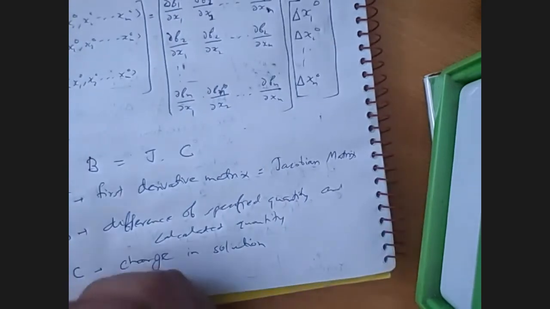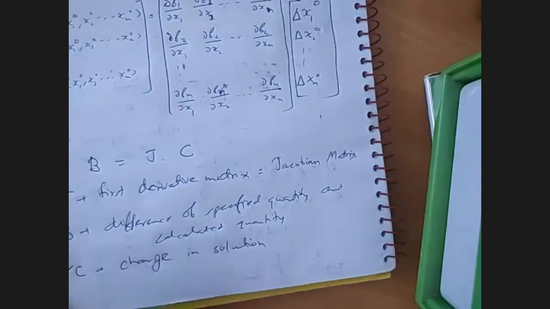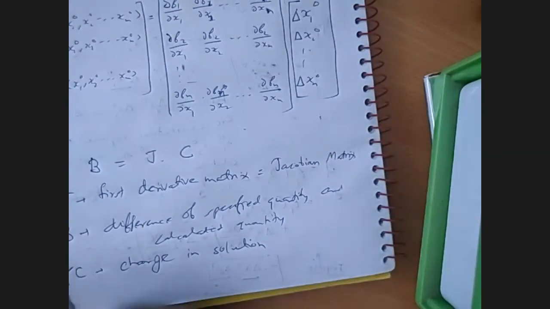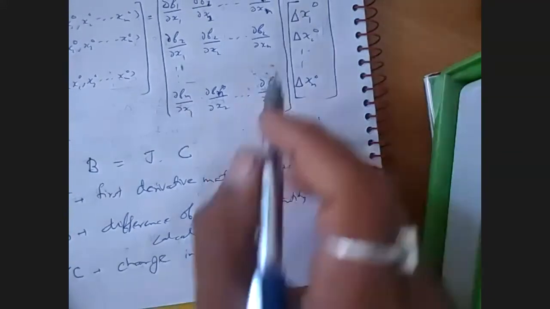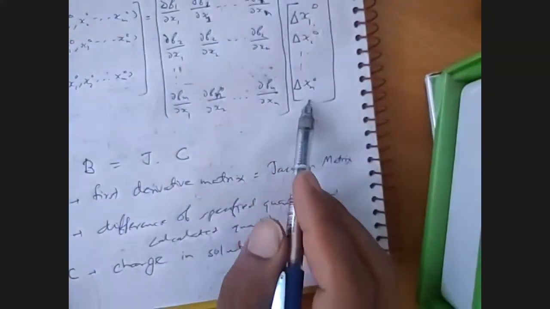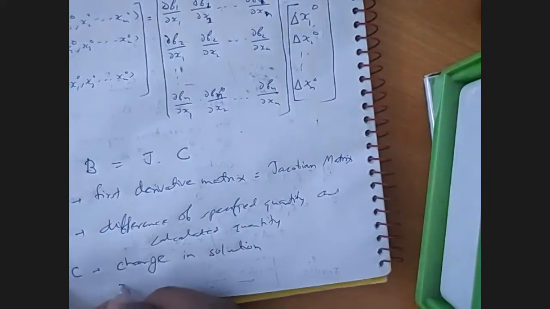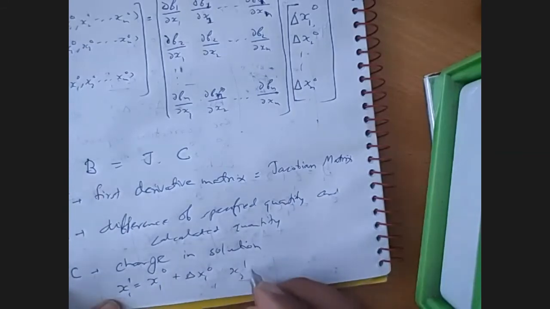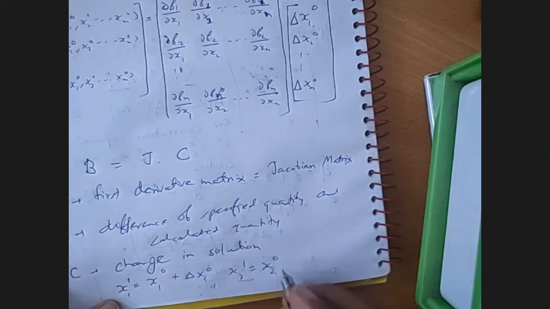So our aim is to find out C. From C, we will get the changes delta x1, x2, xn. And from this, we will get x1,1 equal to x1,0 plus delta x1,0, x2,1 equal to x2,0 plus delta x2,0 and so on.